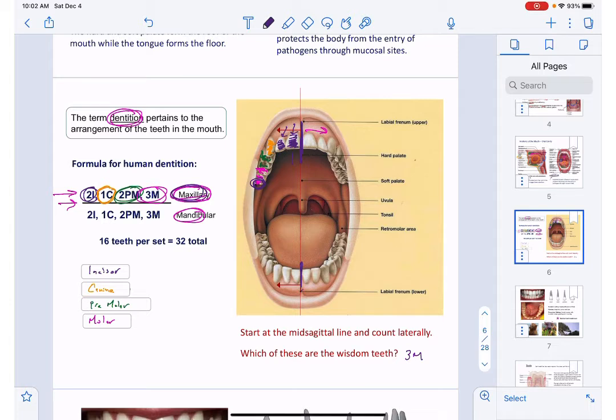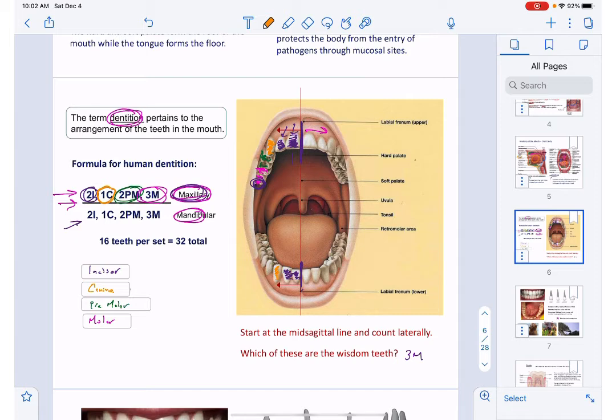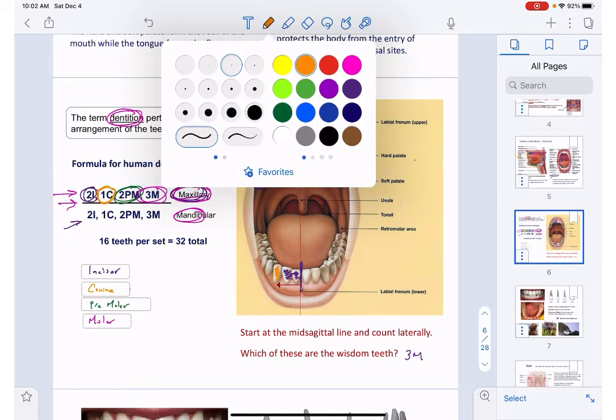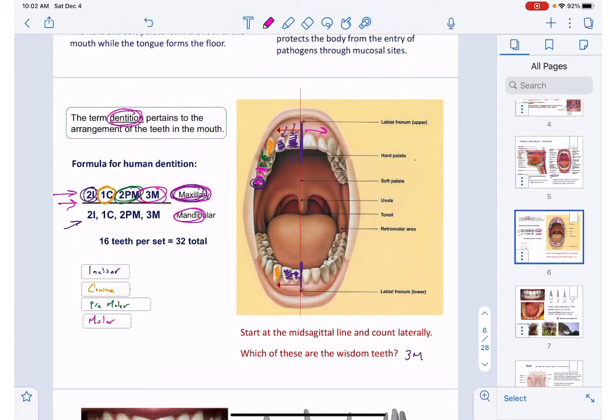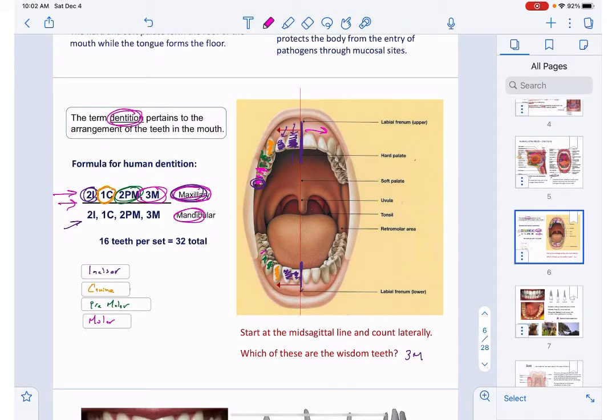And fortunately, the formula is the same. You have a central incisor, a lateral incisor, a canine, two premolars, and then 3 molars. And this individual has not had their wisdom teeth taken out.